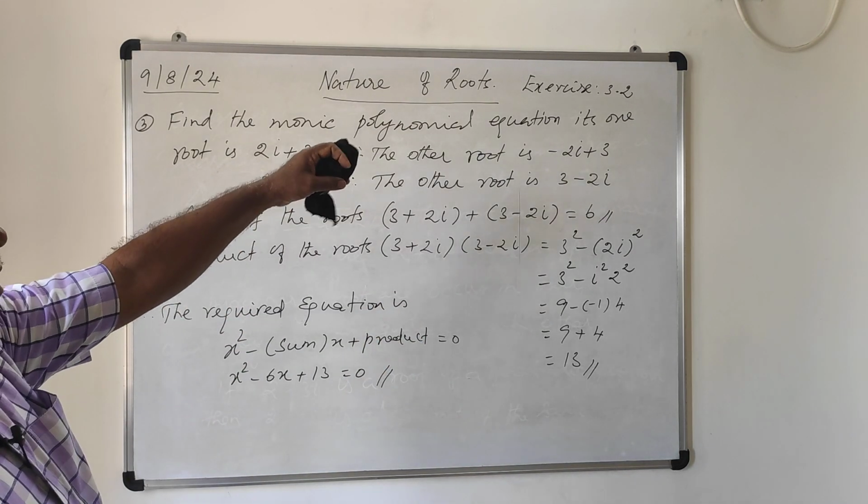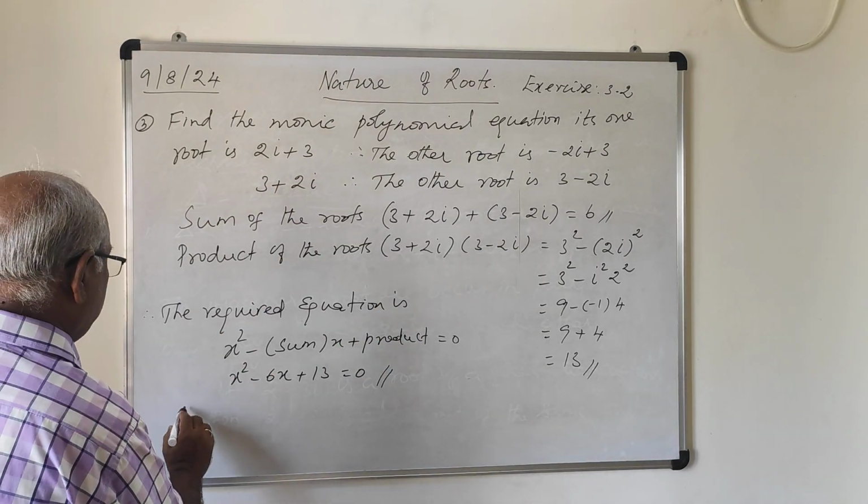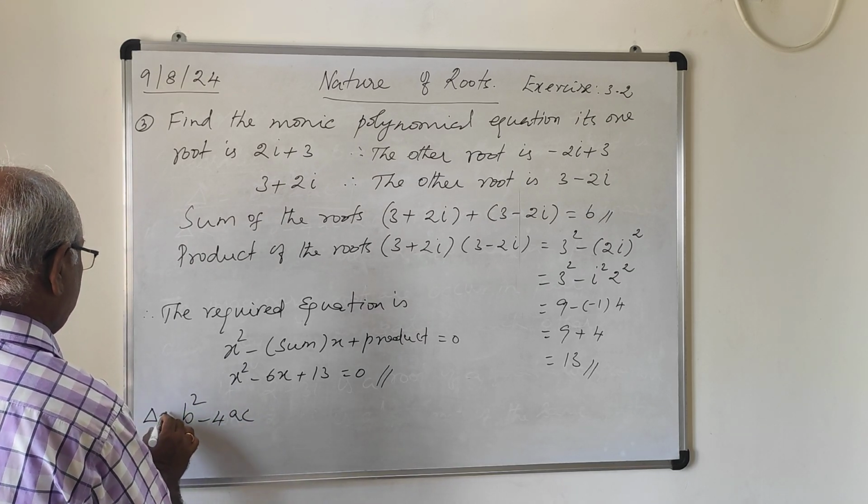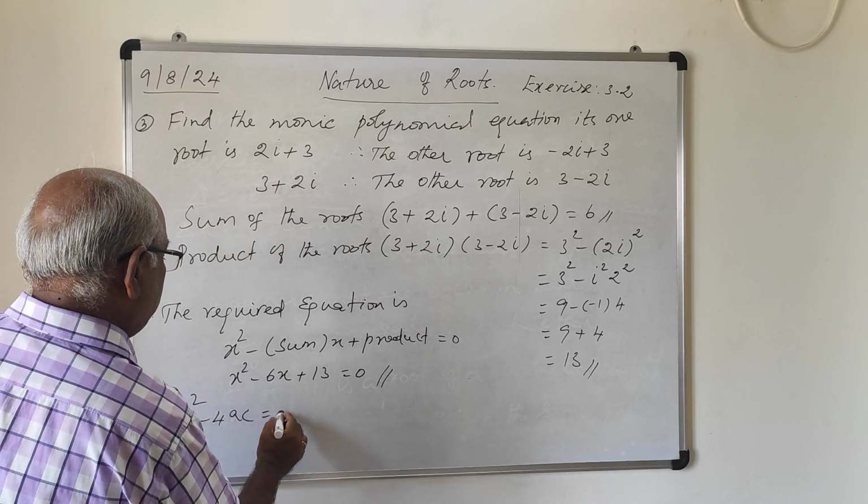In this case, the roots are imaginary. For that, we have to check whether b square minus 4ac, delta, is less than 0. What is b square?